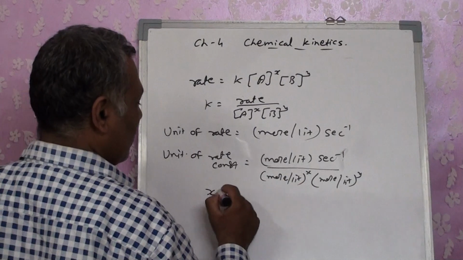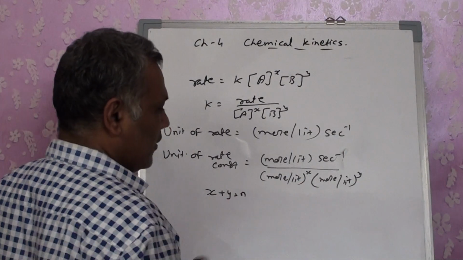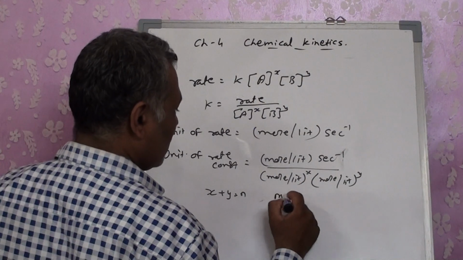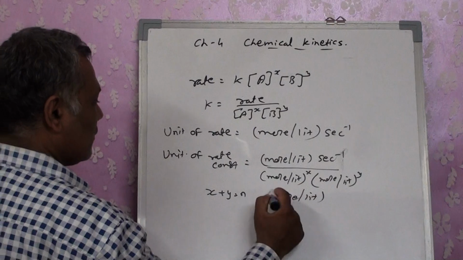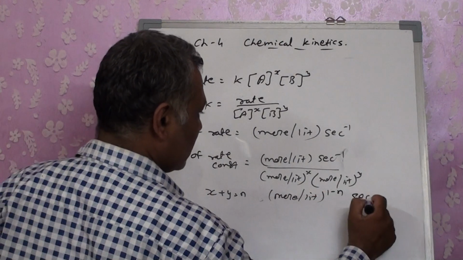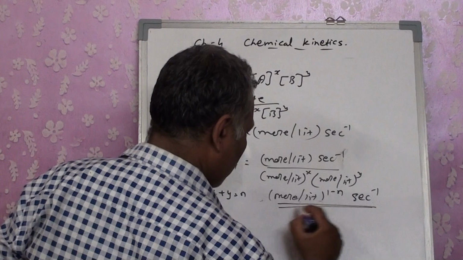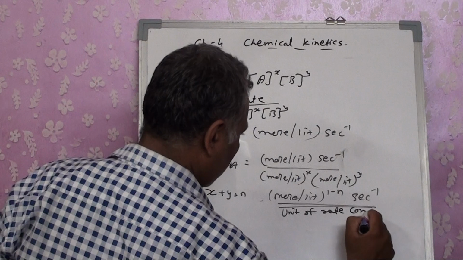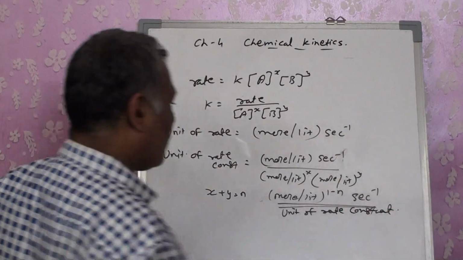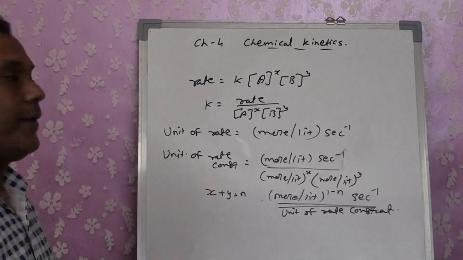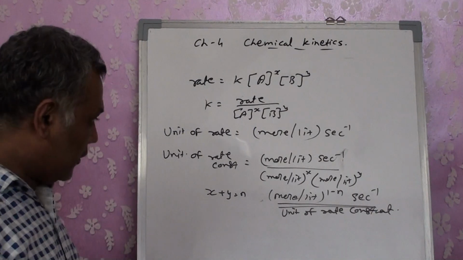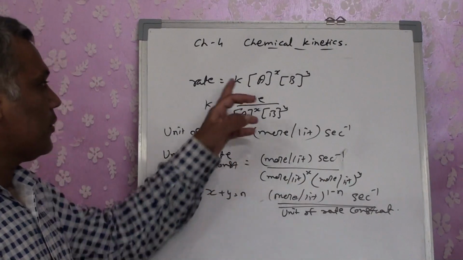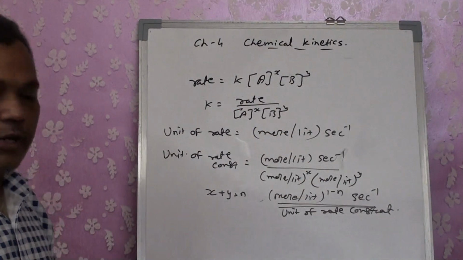We know that if I put x plus y as n, then we get (mole per liter)^(1 minus n) second inverse. This is the unit of the rate constant. x and y are the orders of reaction.